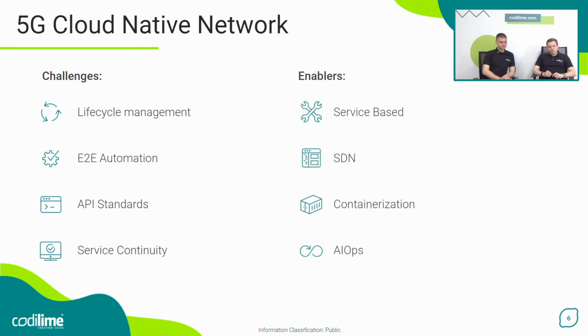So to be able to really provide a 5G core network that will be based on the cloud technologies, we'll need a small shift in the way how we will provide the different services.